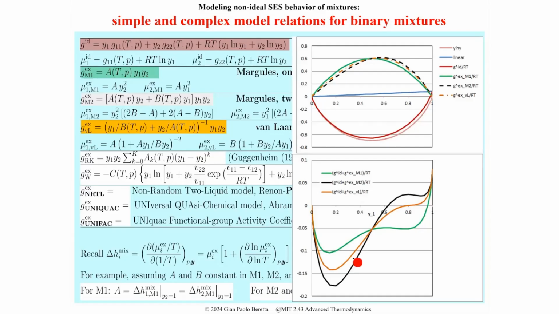Because the second derivative of G must always be positive. We'll come back to this in a short while. So here we will find that there is where the convexity is, the second derivative is negative, this will have unstable states.